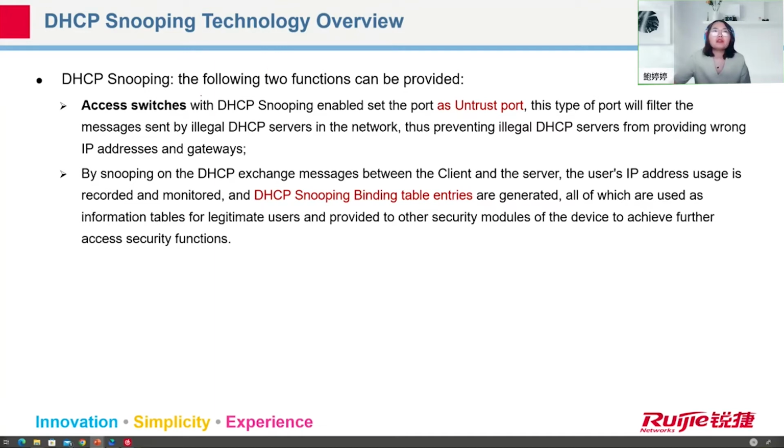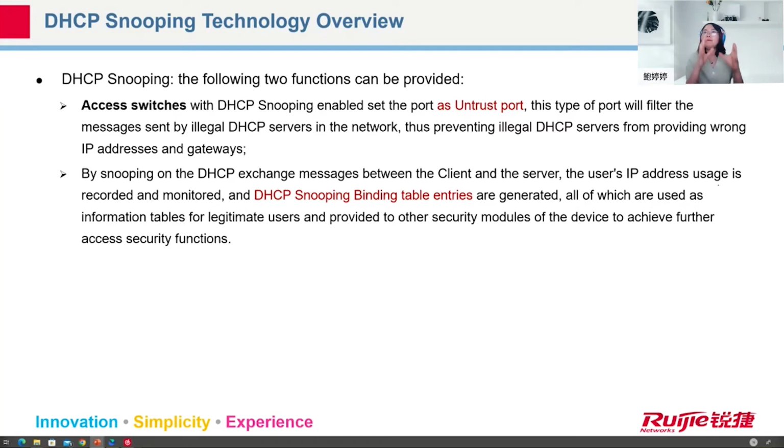If we enable DHCP snooping on the access switch, two types of ports will be added into the switch: one is the untrust port, and the other is the trust port. If we enable the DHCP snooping function on the switch, all the interfaces will become untrust ports.